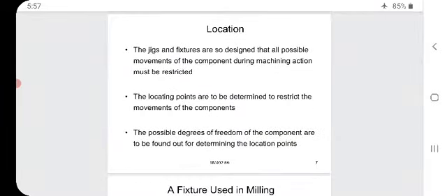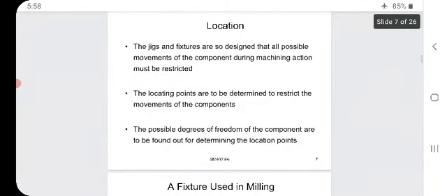The jigs and fixtures are so designed that all possible movements of the component during the machining action must be restricted. That means the jigs and fixtures are designed for some purpose, some special tools or some special workpieces, and only those are to be used here.